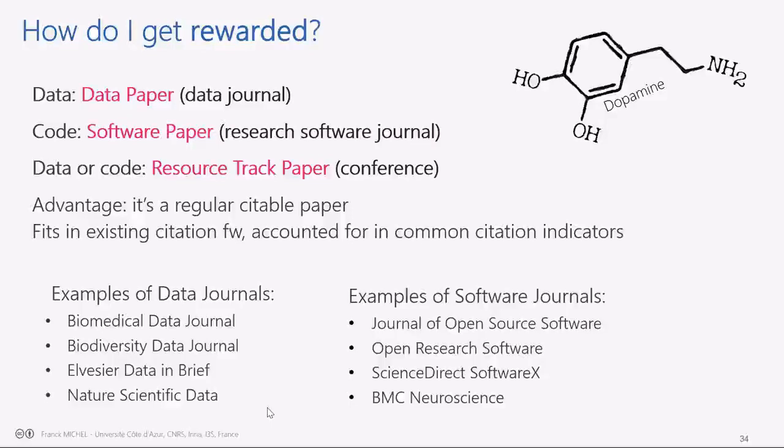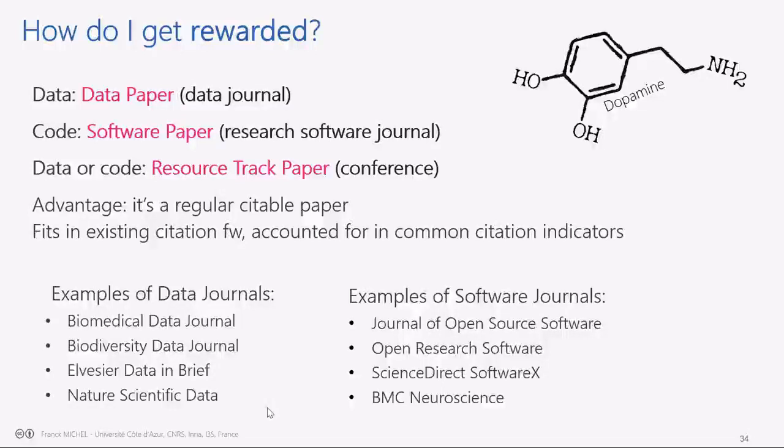So you see it's more and more common. And you can do it, and again, it's not very expensive. Whether it be a data paper or software paper, it's going to be peer reviewed, but it's not such hard work compared to a research paper. So really, you can try this. If you have a good data set or a good software you think is useful, go ahead.